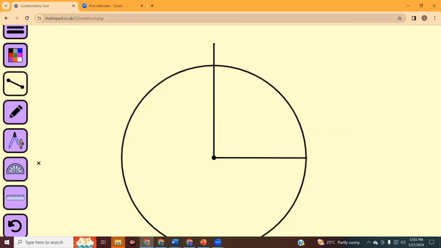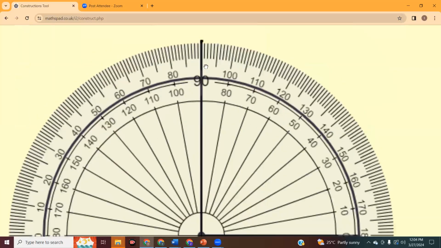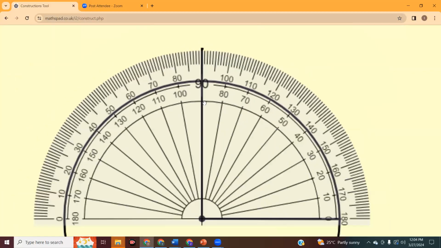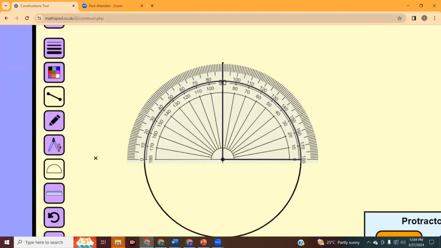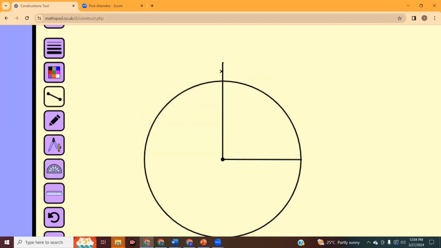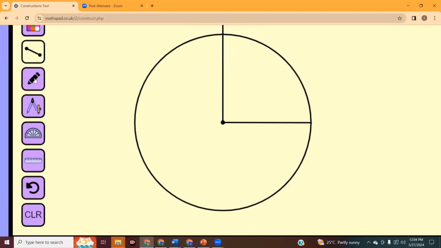Based on my protractor, that's 90 degrees. Now for this one, we can erase the outside because you don't want it looking like that. Now let's label it. You're going to draw a box to indicate that it's 90 degrees.